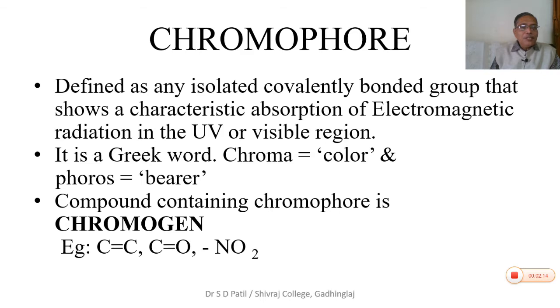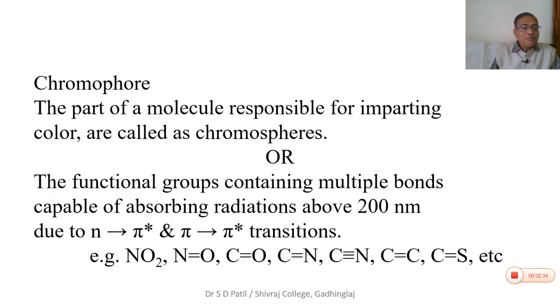As I mentioned, the word is composed of chroma, that is color, and phore meaning bearer. Compounds containing chromophores are called chromogens. So these are some common chromogens: C double bond C, C double bond O, NO2, etc.